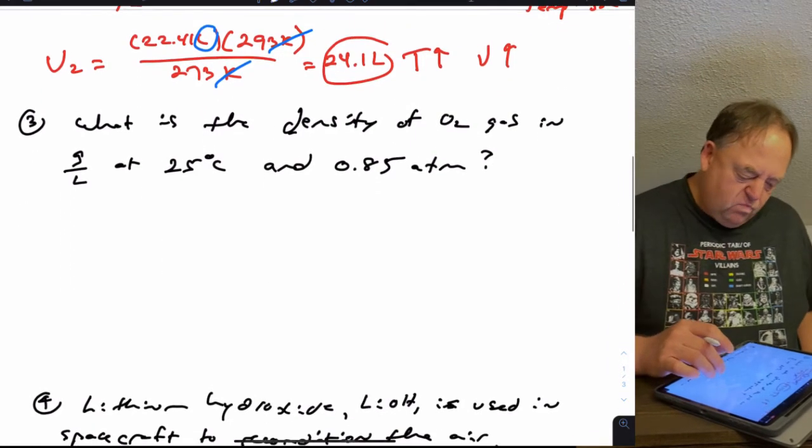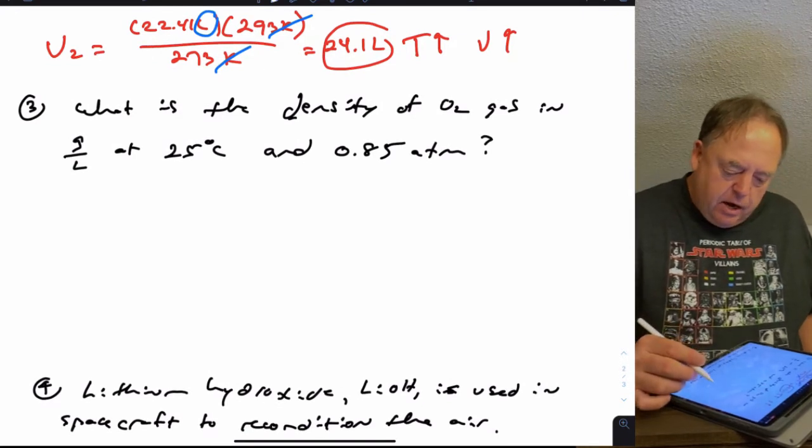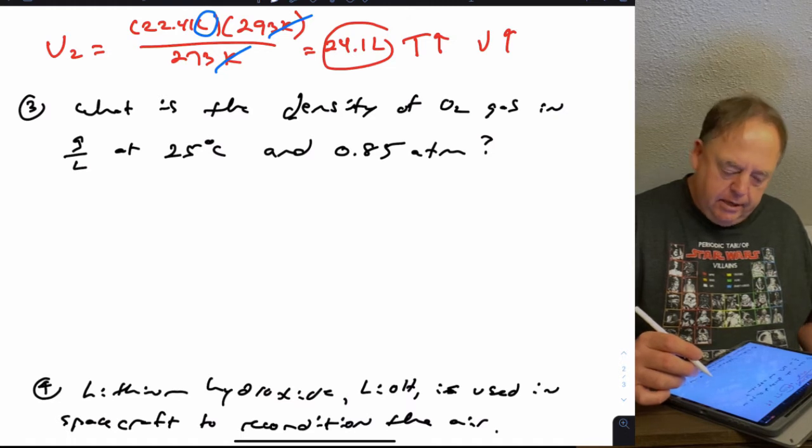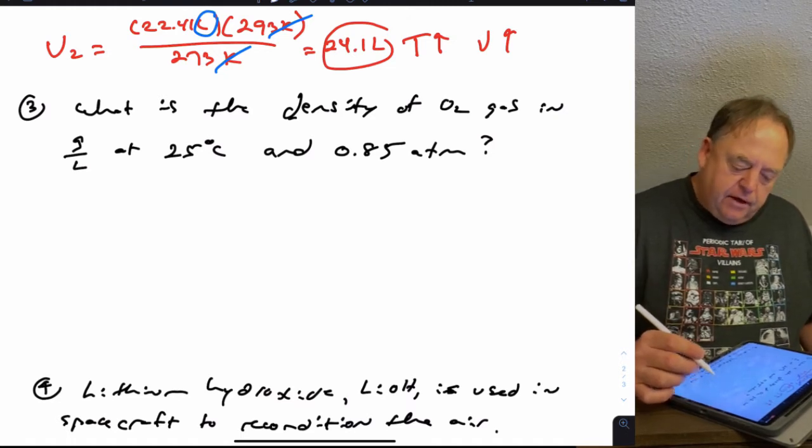Okay, so what is the density of oxygen gas in grams per liter at 25 degrees Celsius and 0.85 atmosphere?